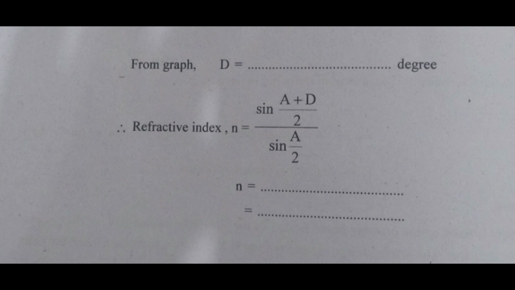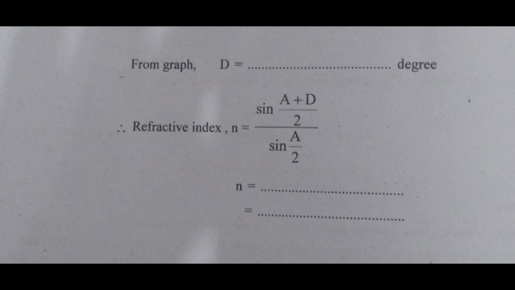Here we can write the angle of minimum deviation D. So that much degree we can write, and when we are taking the readings, we have to make sure that the angle of minimum deviation is either 38, 39 or 40 degree, because here in refractive index only that value of D changes because angle A is a constant. Okay, so that will be 60 degree only.